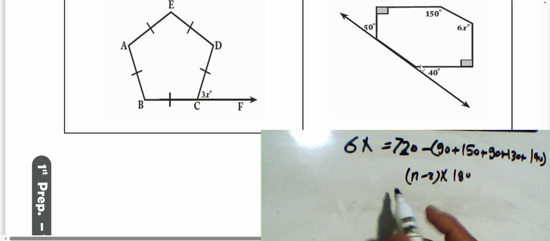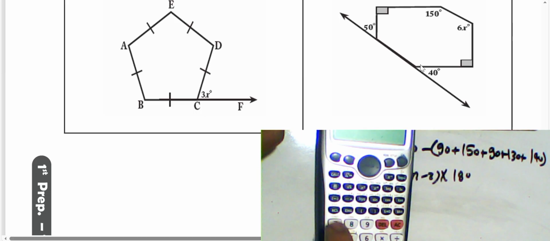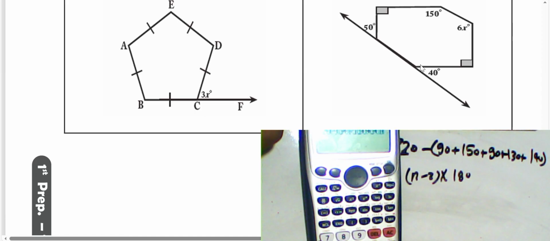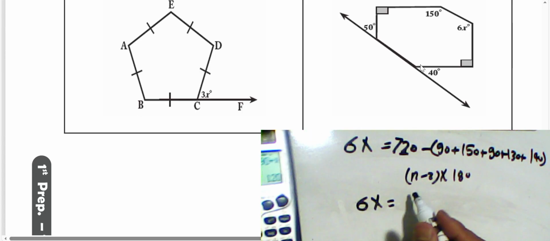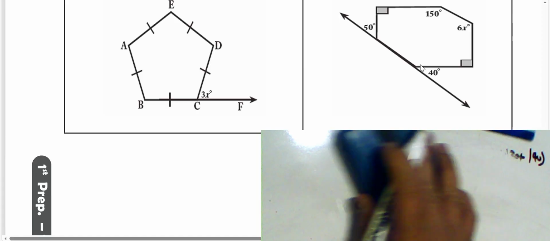Okay, now you can write 6x equals 720 subtract the sum of 90 and 150 and 90 plus 130 plus 140, use calculator, equals 120. Then the value of x, you can write 120 divided by 6 equals 20 degrees. Then the measure of angle x equals 20 degrees.